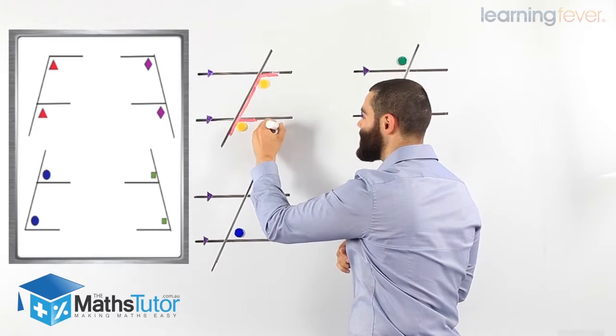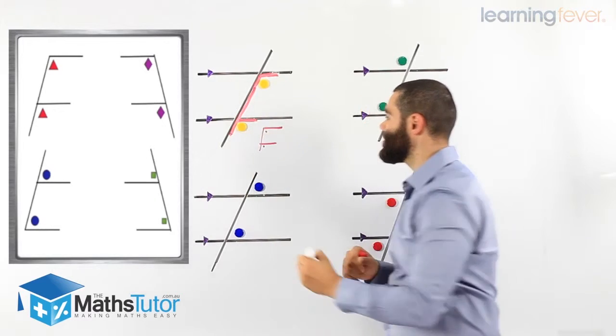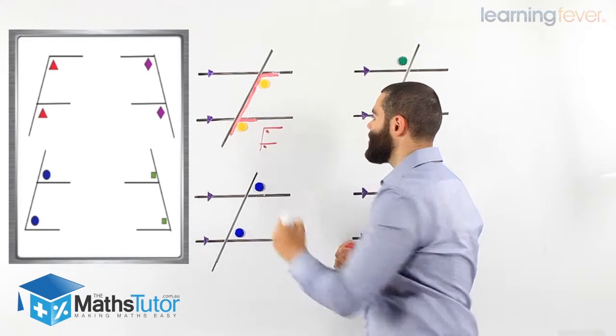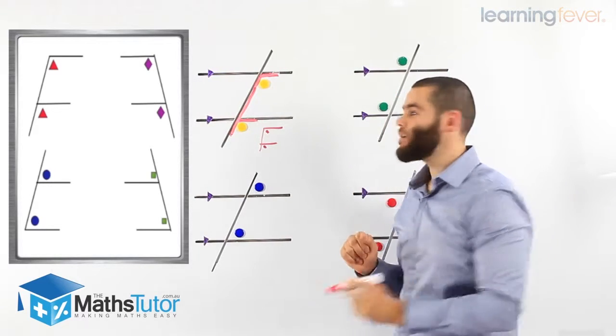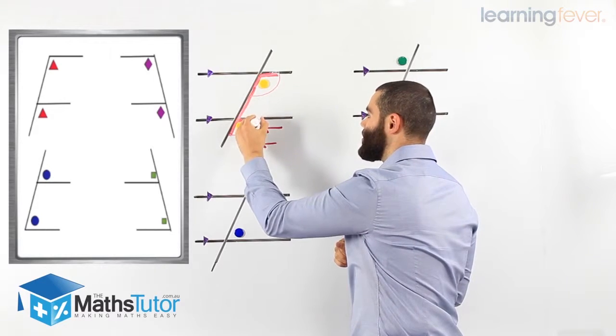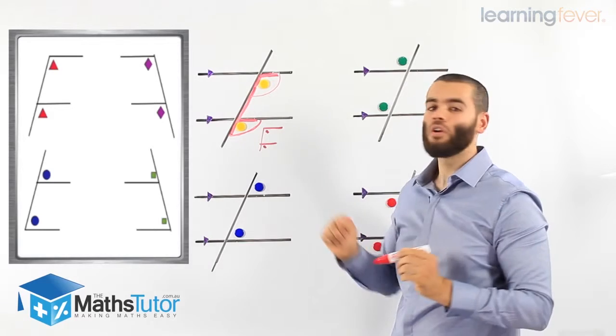As we can see, we have an F-looking shape where our angle is here and there as well. So we have an angle there and an angle there. These are corresponding. These are corresponding to one another.